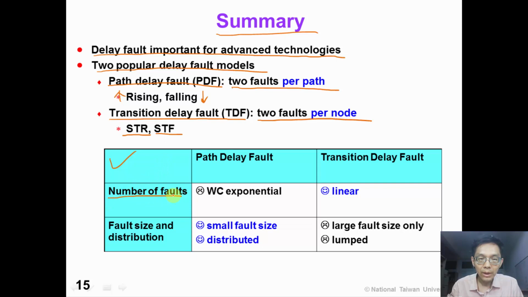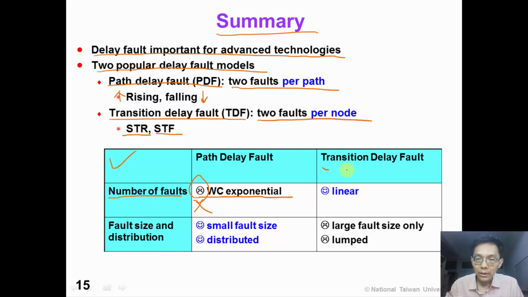In terms of the number of faults, the number of paths in a circuit can be, in the worst case, exponential to the number of gates. So the number of path delay faults can be worst-case exponential. This is very bad for large circuits because it is not scalable for large designs.